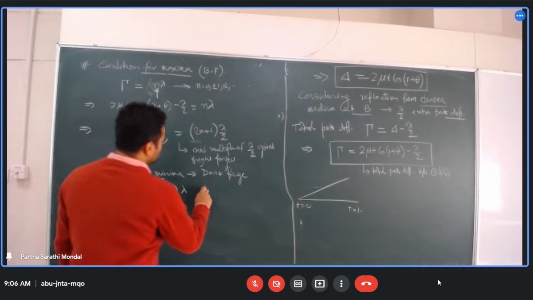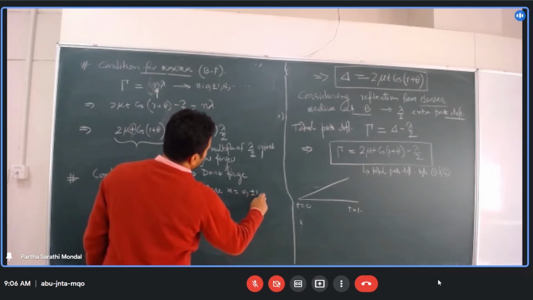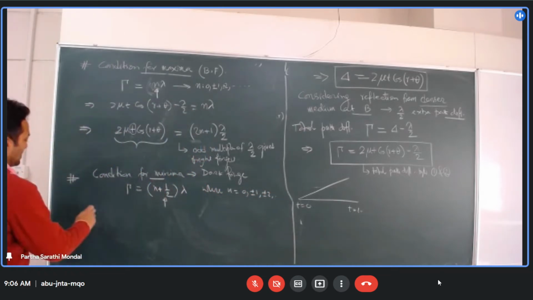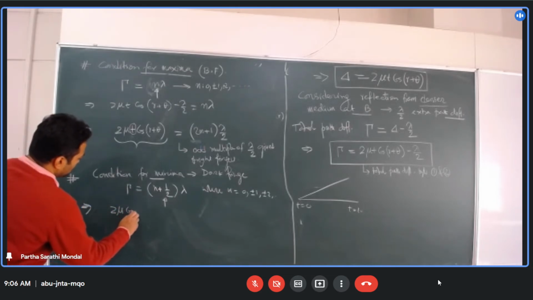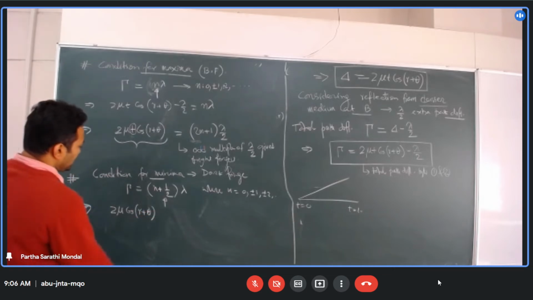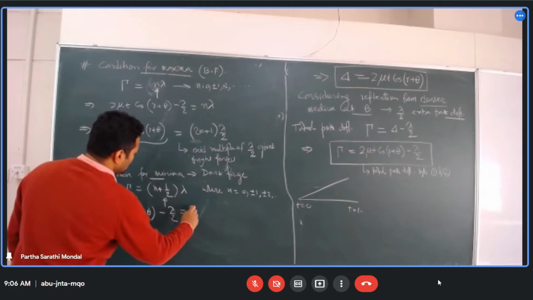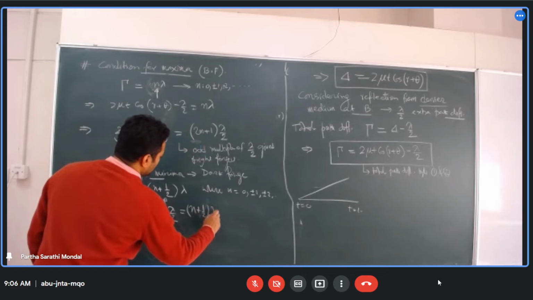So where n equals 0, plus minus 1, plus minus 2 like that. Now if I put the value here, 2 mu t cos(r plus theta) minus lambda by 2 will give you (n plus half) into lambda.